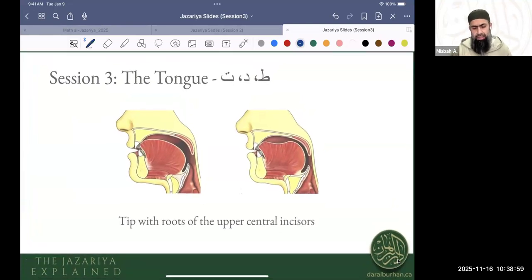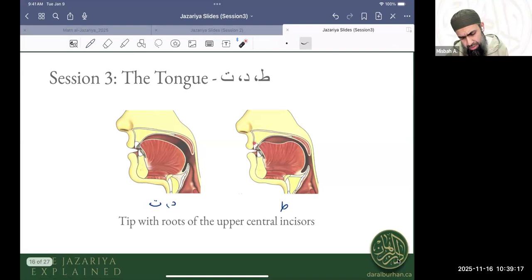Ta, dal, and ta. Tip with roots of upper central incisors. Okay, this is a ta and this is dal and ta, by the way. So we're looking at the tip. Where is it? It's at the gums. This is the tooth itself. These are the gums right here.